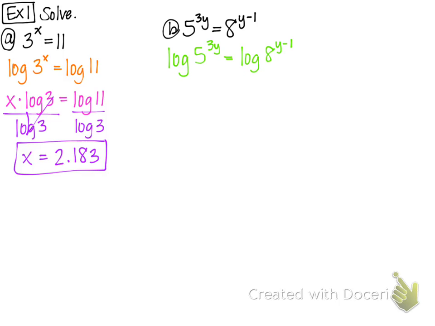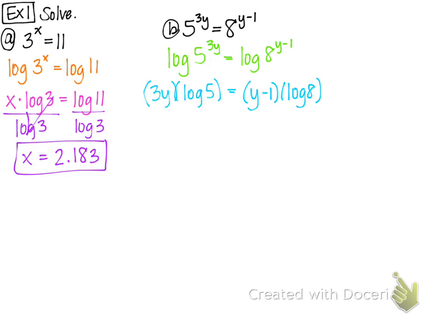So we're going to use that power property again. We're going to bring the exponents out to the front. So we have 3y times log of 5. And then we have, let's use some parentheses around everything. See, this time we've got an expression coming down as the exponent, so we definitely need to use some parentheses here. Log of 8.